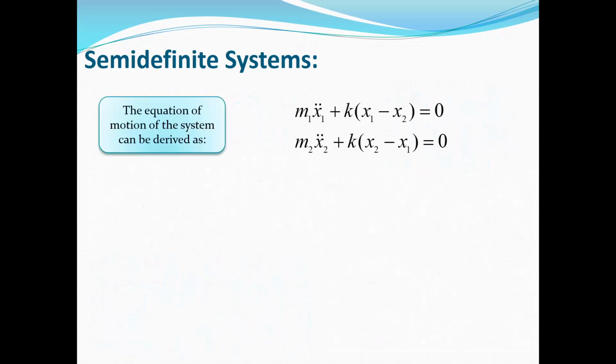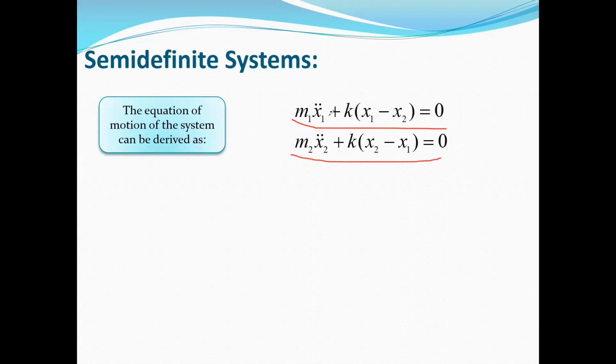If you extract the equation of motion, for example, for the first system with two masses connected with the spring K, and write Newton's second law for the first mass and second mass, you can extract these two equations. The first equation is Newton's second law for the mass M1, and the second equation is extracted from Newton's second law for the mass M2.